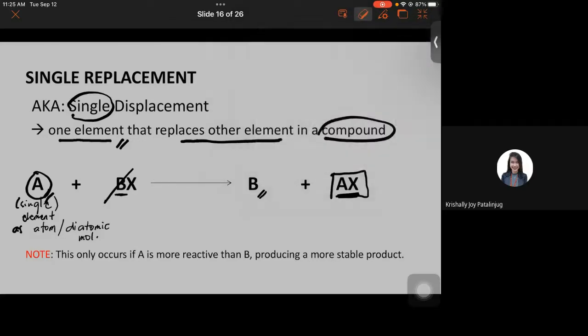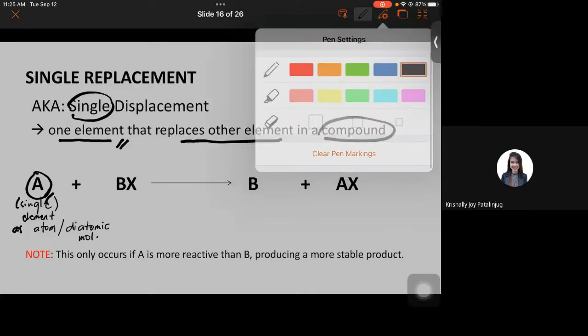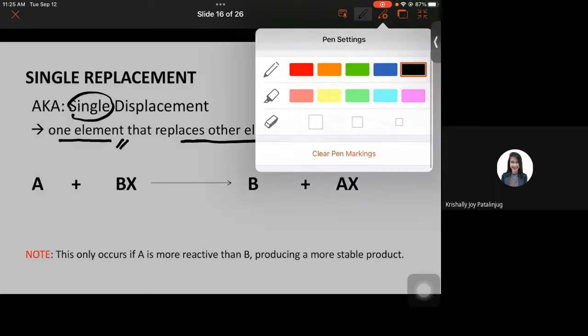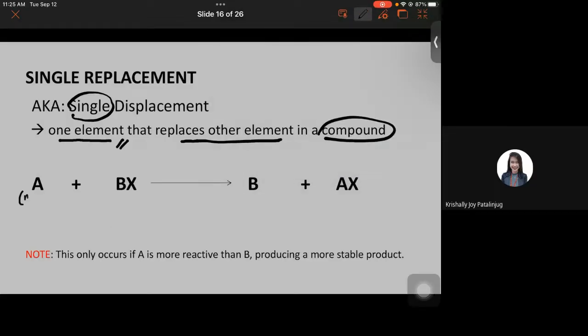Now, in this type of reaction, this may happen in two ways. Okay, pwede yung sample A, for instance, this could be a metal. So you know already what are examples of metal.